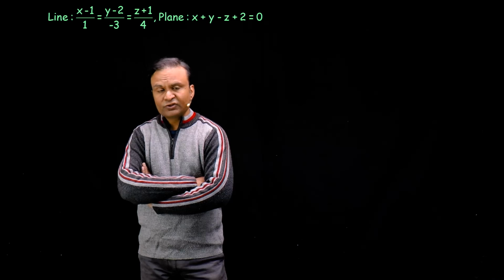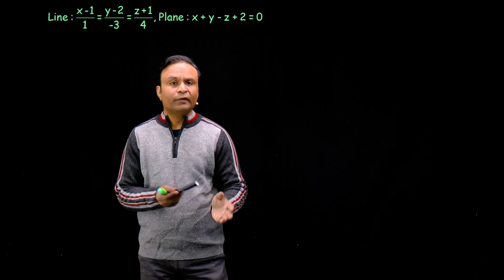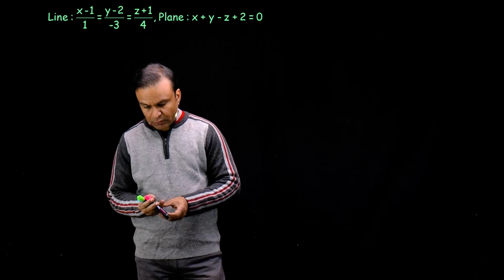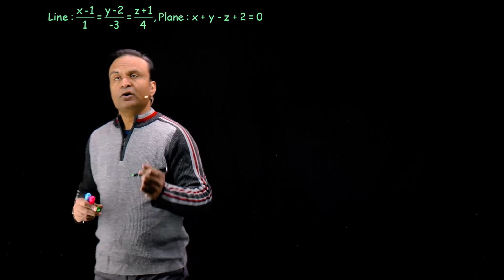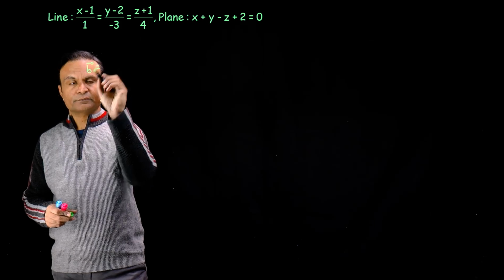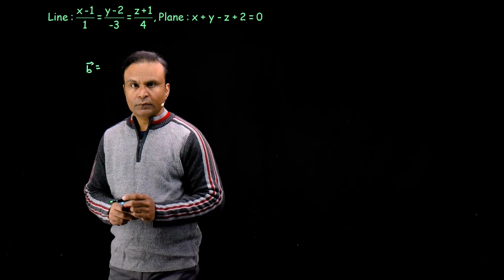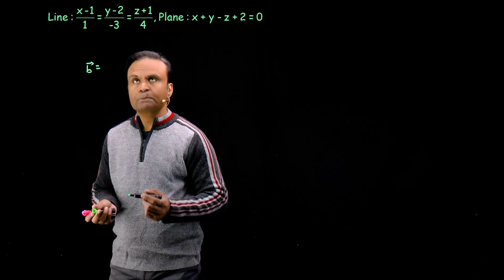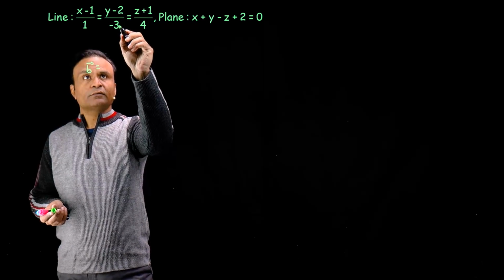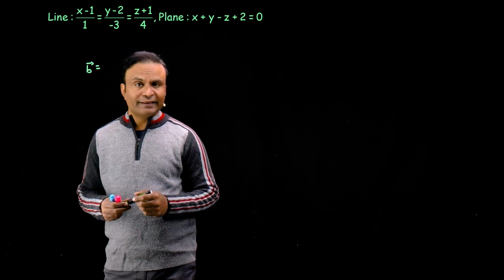Now we want to draw this line and plane. The first thing we will check is the vector of the line and the vector which is normal to the plane. Now what is the vector along the line? Suppose that vector is b. That vector is from these values 1, minus 3 and 4.